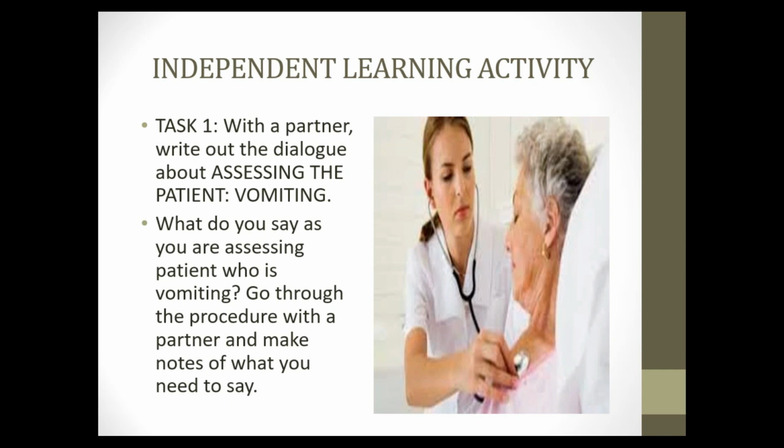Okay, you can work with a partner. Write a dialogue about assessing a patient with vomiting. How do you speak when you are assessing a patient who is vomiting? Then go through the procedure with your partner and make notes of what you need to say.